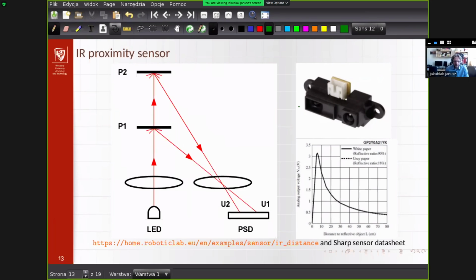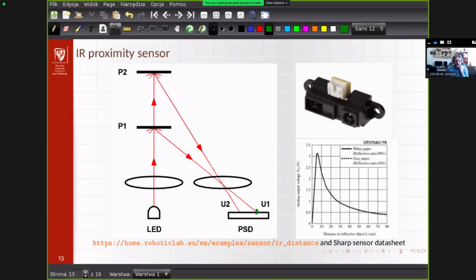It can be only one row and multiple columns, so it's a so-called line camera. You just get one line of the image. But what happens here is that when it reflects from an object that is close, the reflection goes a little bit further, and you will notice the object here.